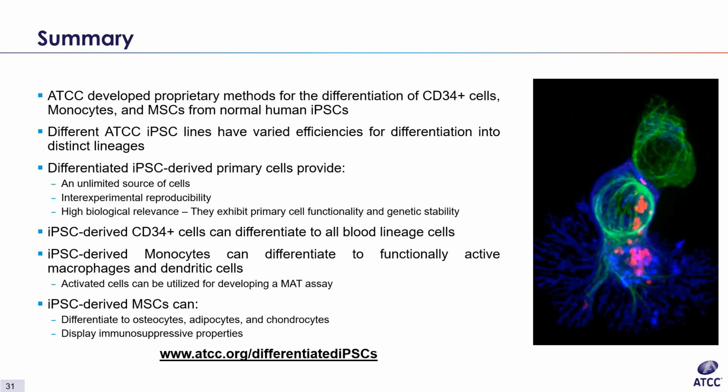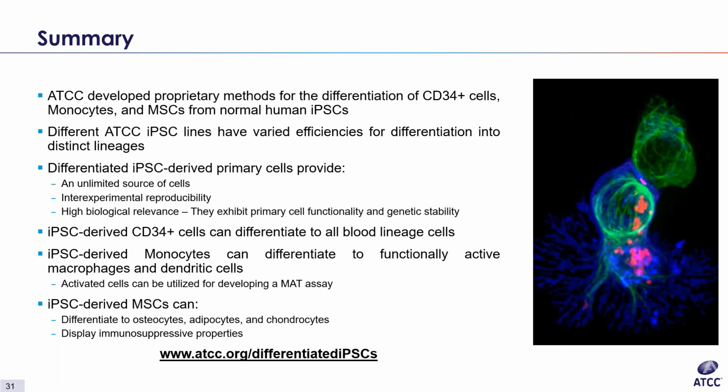We do recommend seeding these MSCs at 10,000 to 20,000 cells per centimeter squared post-thaw and post-culture. In addition, optimal seeding densities are critical for MSC differentiation depending on the application that you're using.